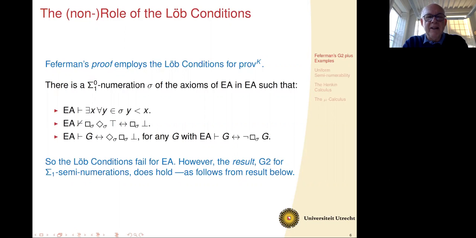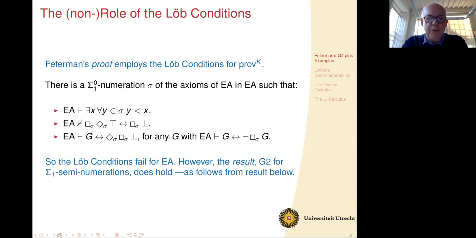It does employ the Löb conditions for provability, and I have a counterexample showing that this fails in elementary arithmetic. We have a Σ1 axiomatization of elementary arithmetic such that elementary arithmetic proves that the set of axioms is finite. And it does prove that the provability of consistency is equivalent to the inconsistency.